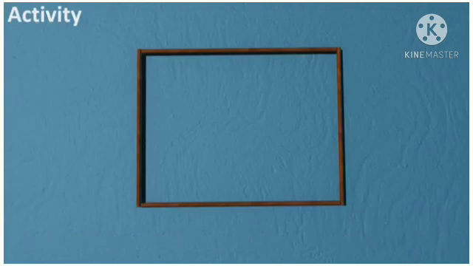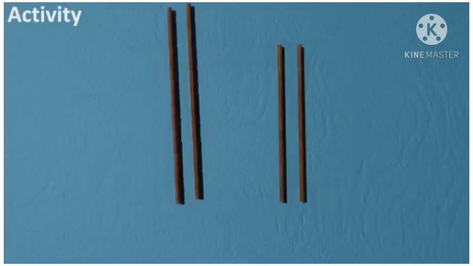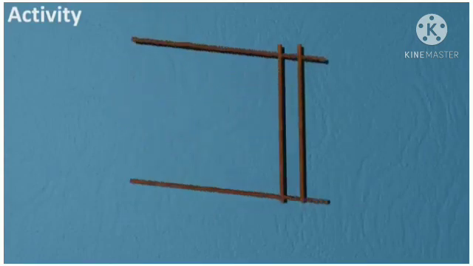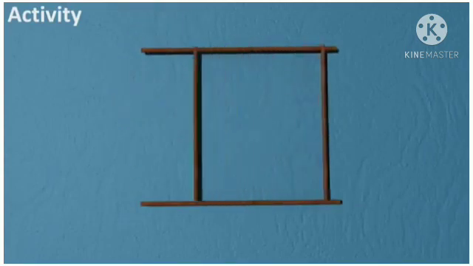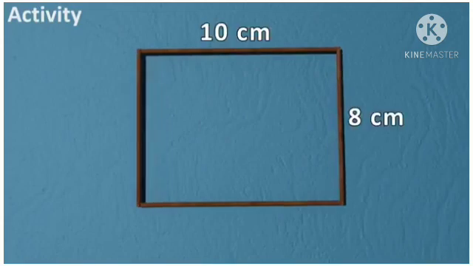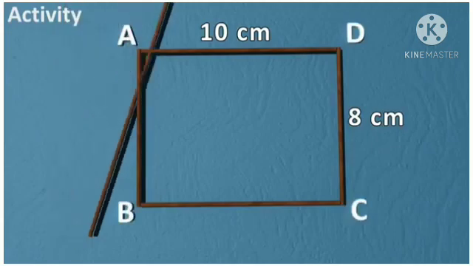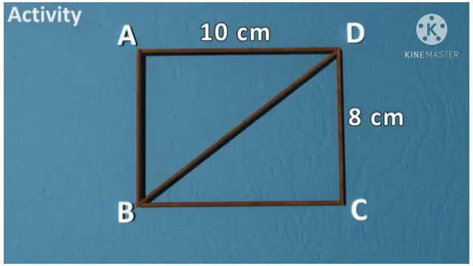Let us go back to the activity. You have constructed a rectangle with two sticks each of length 10 cm and other two sticks each of length 8 cm. Now introduce another stick of length equal to BD and tie it along BD. Now push the breadth.